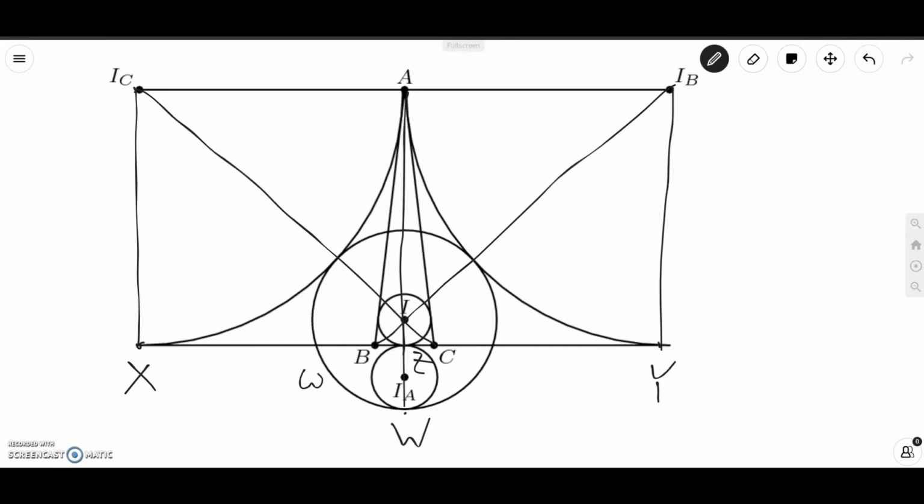So now we have points to work with, and we have to think about how we want to solve the problem. Essentially, we want to find some information about the sides of ABC. The interesting part about this problem is not really the incenter or the X circles that are involved.